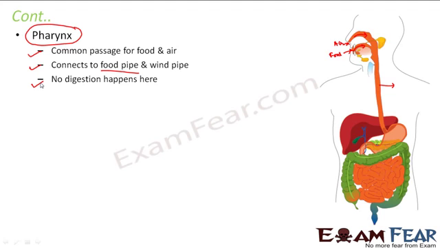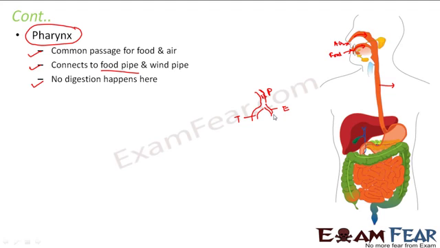You can imagine it to be something like this. Let us suppose this is pharynx. The food and air both will enter through the pharynx, and from pharynx, it will get divided into two separate pipes. This is the windpipe, which is called trachea, and this is the esophagus, that is the food pipe. So the food and the wind will be sent to separate pipes.